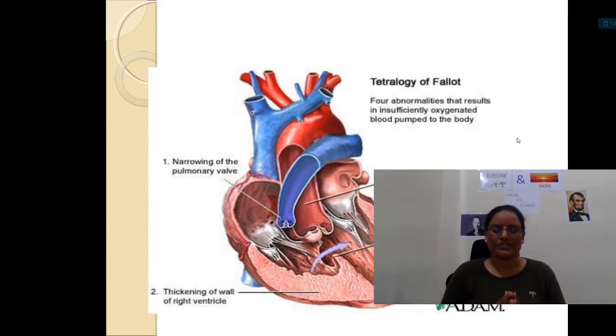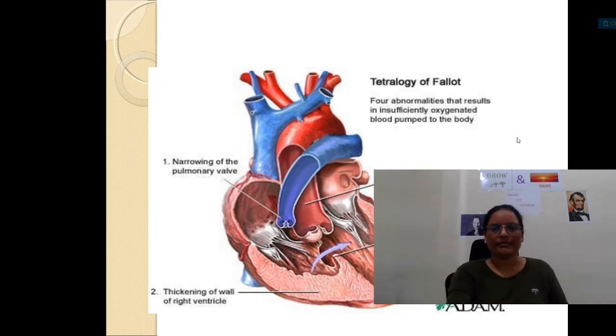That's why in this condition the child becomes cyanosed. It is a cyanotic heart disease. The child becomes cyanosed because in the systemic circulation the child receives mixed blood.